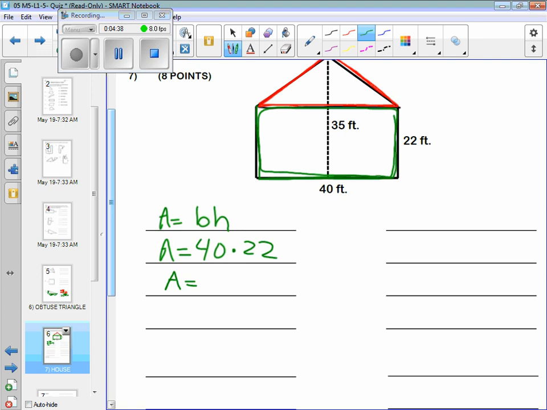Yep. Okay. Now we're going to do the triangle. All right, what's my formula for a triangle? Lily, what's my formula for a triangle?